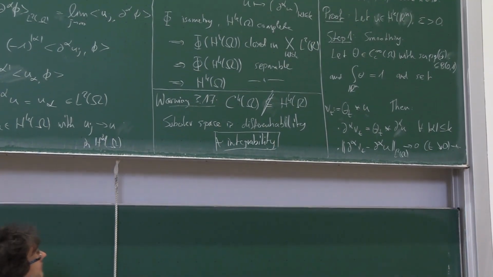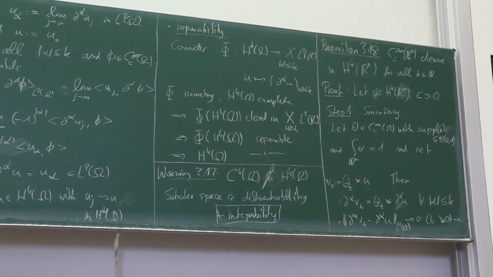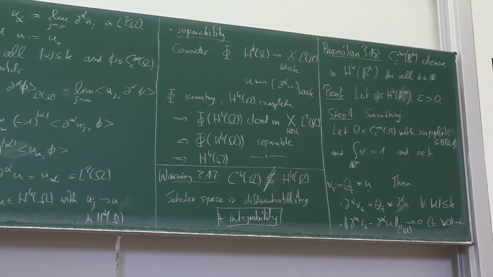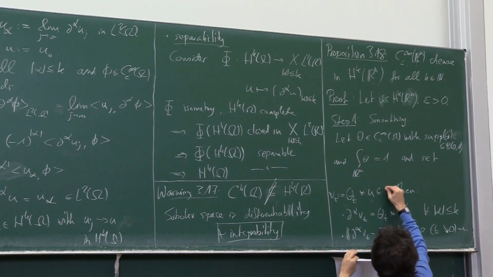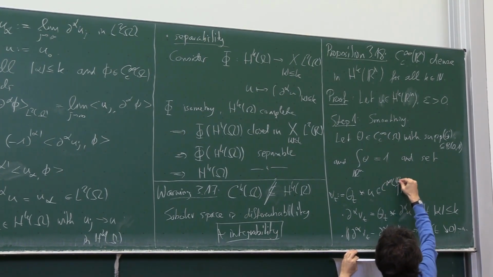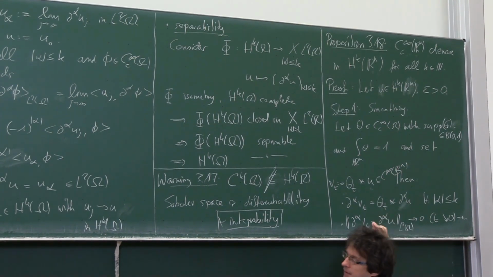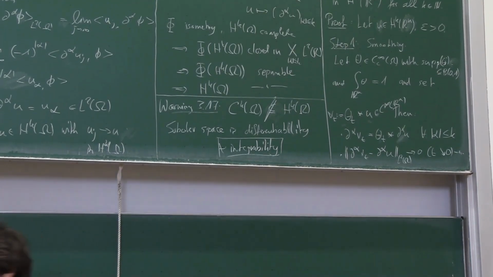So now this means that for every positive t, this function is nicely differentiable, and so it is in C infinity, because theta_t is arbitrarily often differentiable.